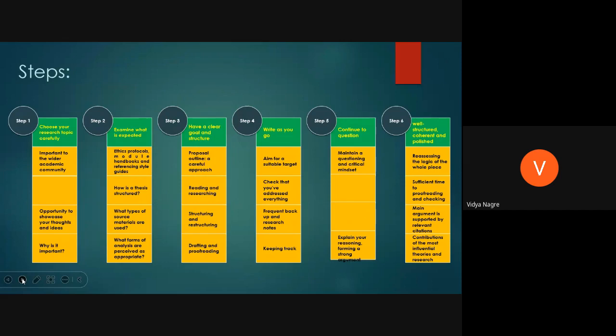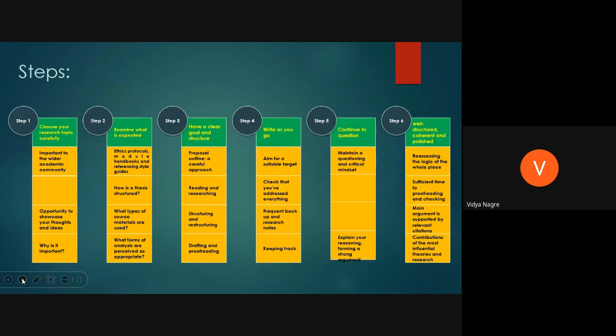You also have to study how your thesis has to be structured. Now, if the university has given a guideline, well and good, or if not, then whatever we are discussing, please note these things down. This is how your thesis is structured. There are these compulsory elements in your research. Now, what types of source material are used in your research?